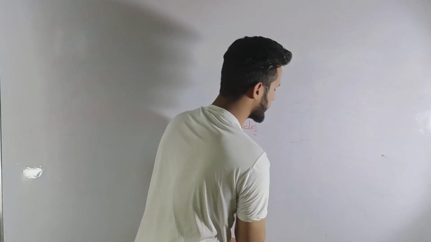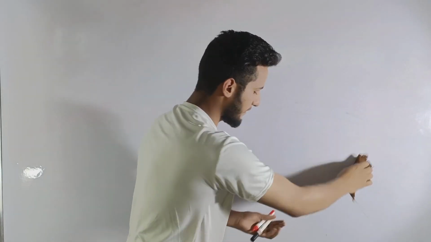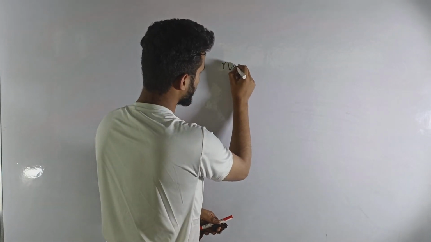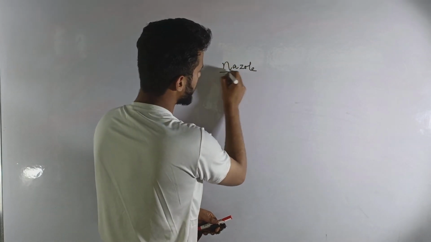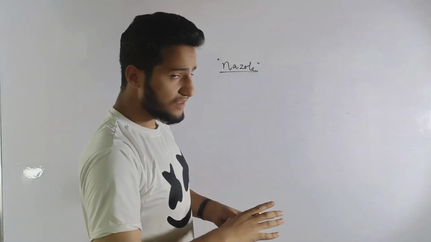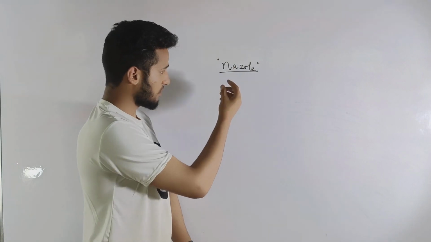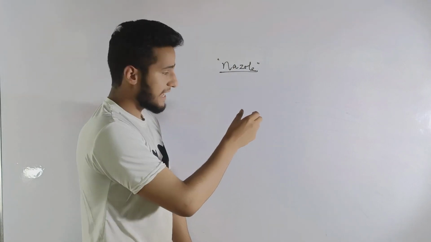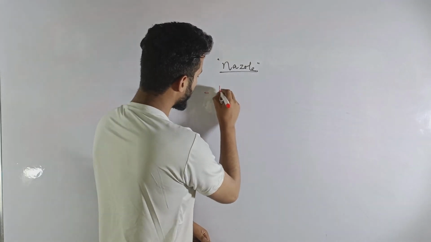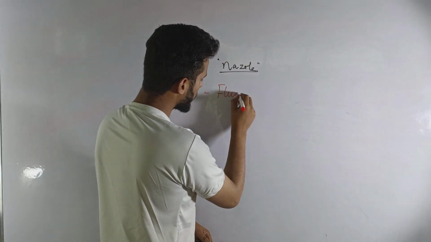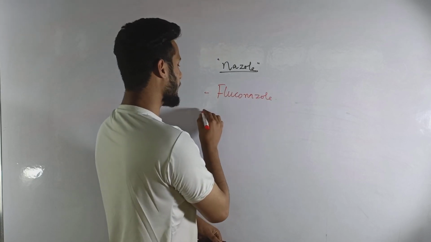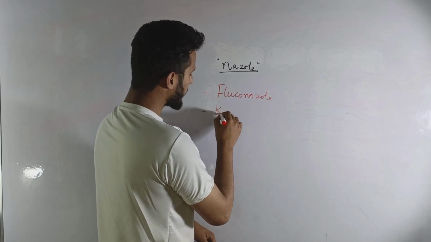We have another suffix that is nazole. You might have heard of drugs that contain nazole as the suffix part. For example, we have fluconazole. Another one we have is ketoconazole.